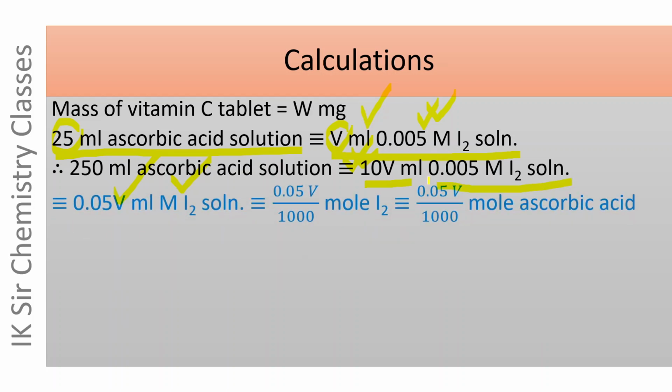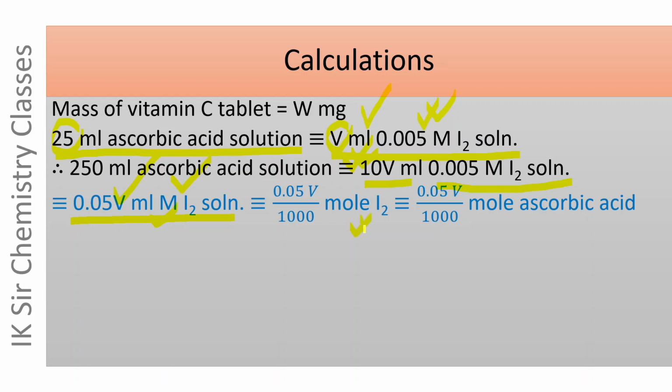And this on multiplying by 0.005 is equal to 0.05 V milli molar iodine solution. And on transforming it into mole, it will be divided by 1000, 0.05 V divided by 1000 mole of iodine.